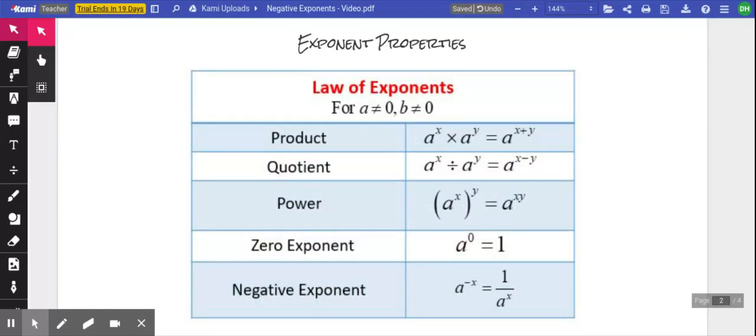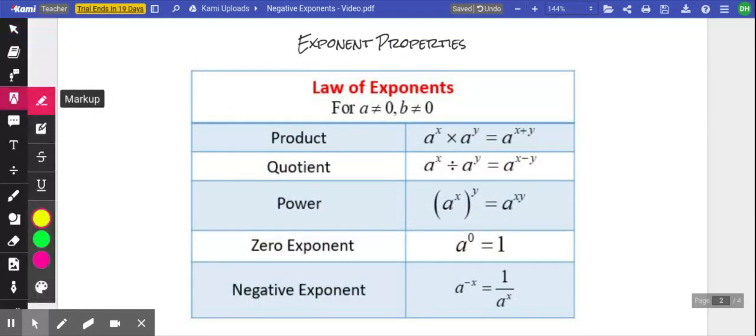We have the product property that says if you're trying to multiply one term by another and you've got the same base, all you have to do is add those exponents. The quotient property says if we're dividing these terms, all you have to do is subtract the exponents. Then you've got your power property, where you multiply those two powers together. And then, of course, anything raised to the 0 power is simply going to be a 1 no matter what.